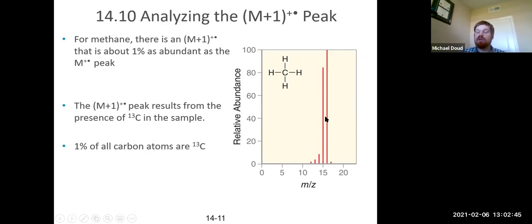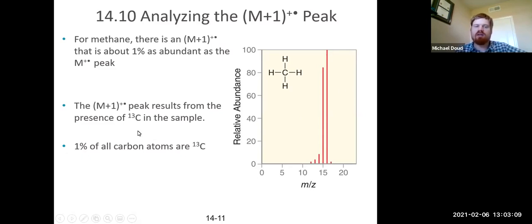Now what's cool, and we're going to do this when we talk about the combined spectroscopy handout, is that by comparing the height of this peak and this peak, we can determine the number of carbons in our molecule. For here, for example, we have about 1% compared to 100%.